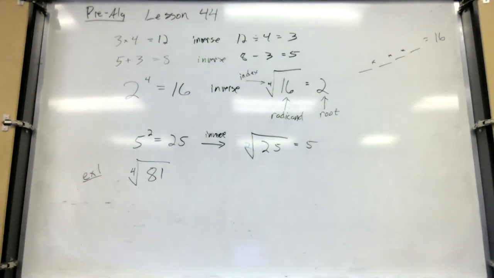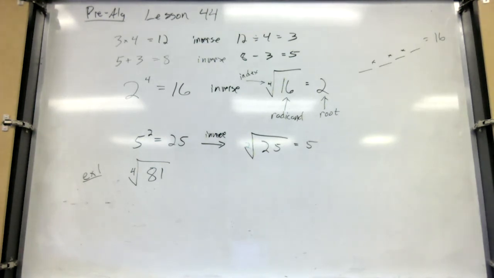So 9 times 9 is 81, times another, so you're already way past it. So 9's too big. Remember, you have to multiply it 4 times, not just 9 times 9. That would be the square root of 81, right? So what number times itself, blank times blank times blank times blank, gets to 81?